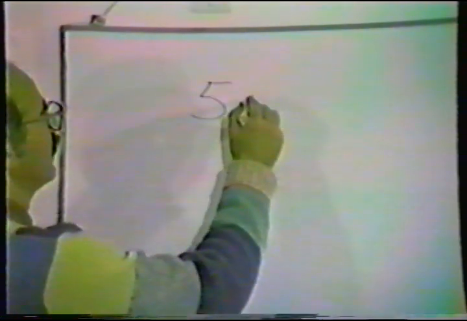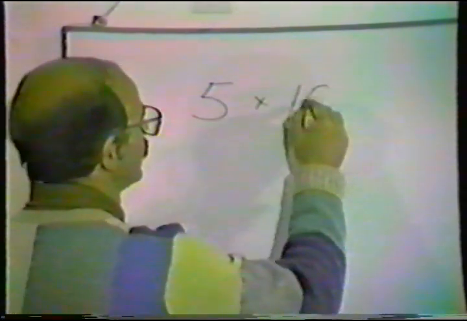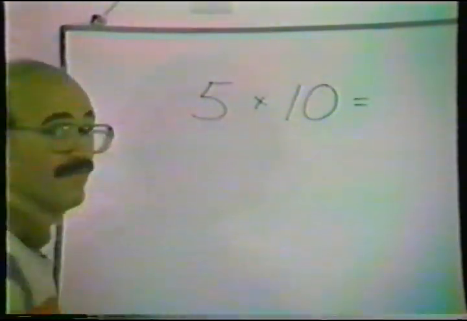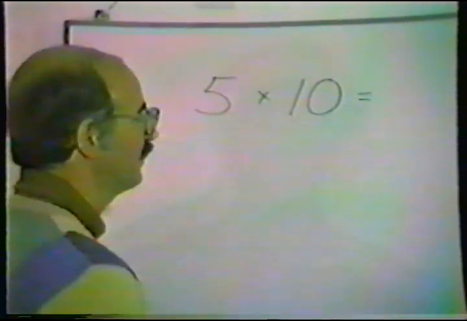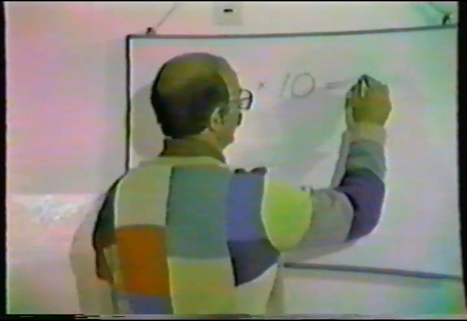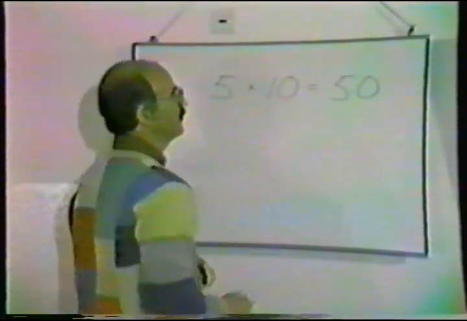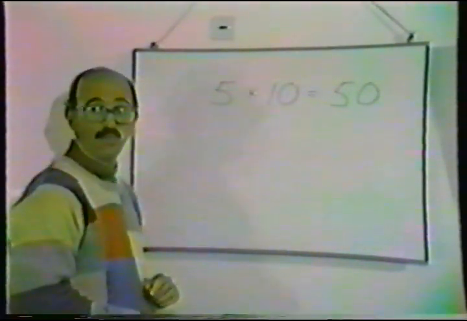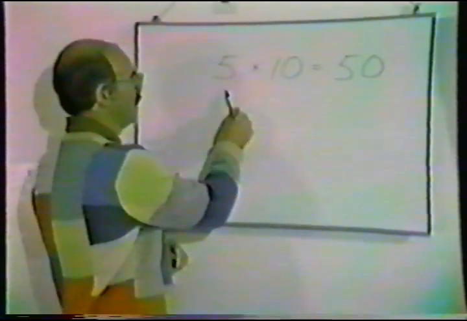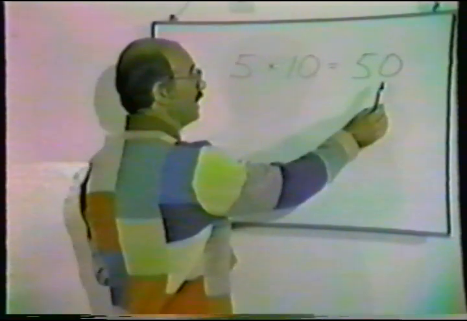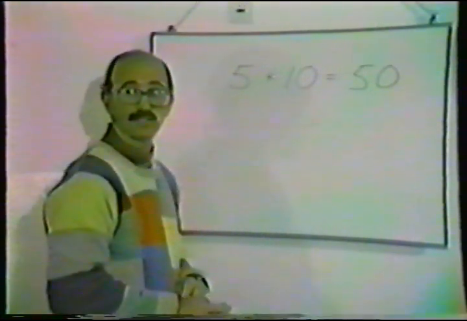First we have 5 times 10. 5 times 10 is what? 50. And we learned some time ago that when multiplying by 10, all we do is take the original number and add a 0 to it.